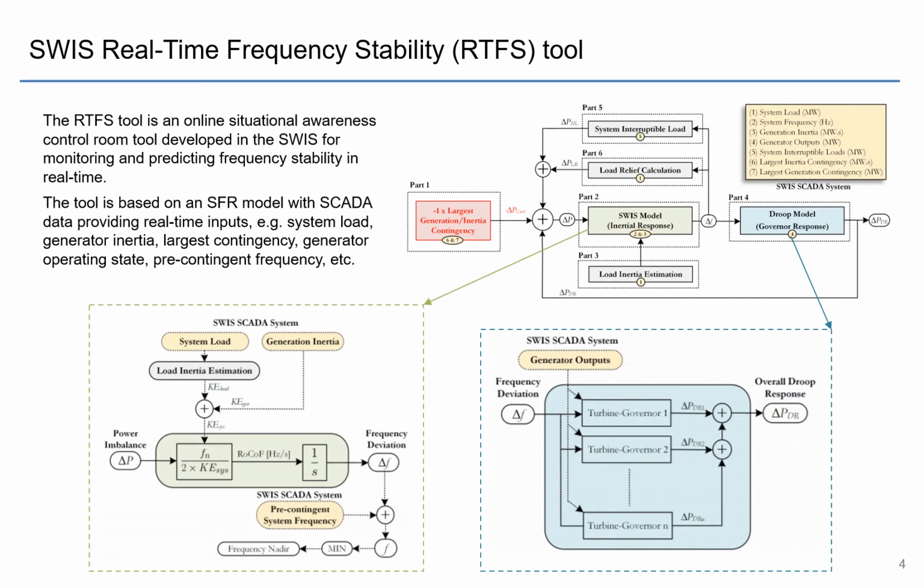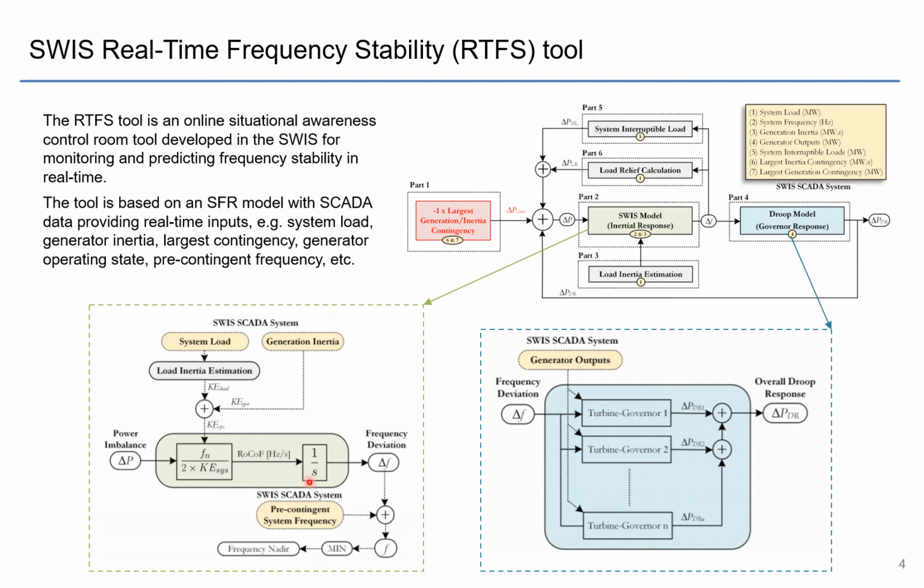So this is the block diagram of the RTFS tool, and you can see that there are some really familiar elements of the SFR models in there. You've got the inertia block here, and you've got some SCADA inputs for system load as well as the generator inertia to provide a load inertia estimate, and then finally a total inertia estimate.